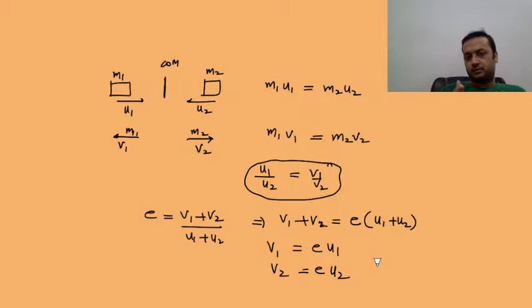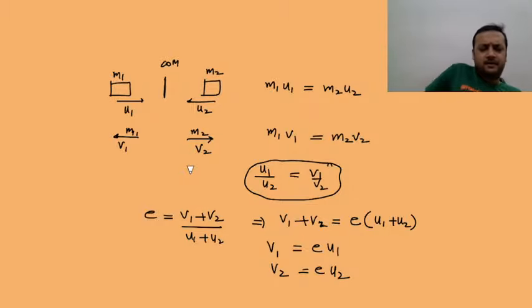Which is what I had asked you to do: multiply u1 by E to get v1 and multiply u2 by E to get v2. That is the rationale behind all what we did.